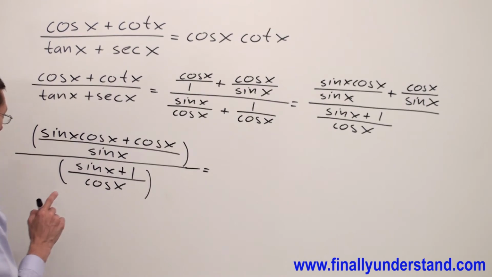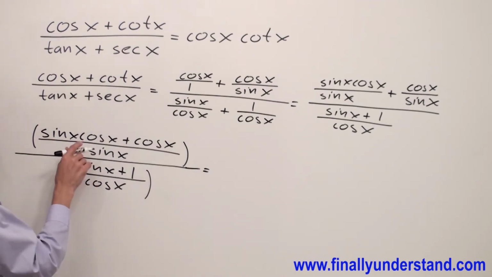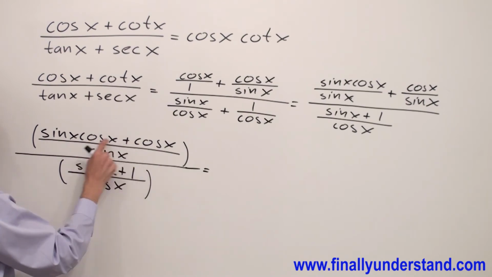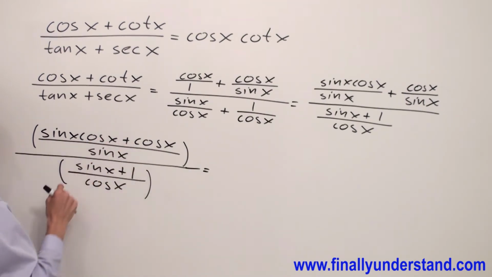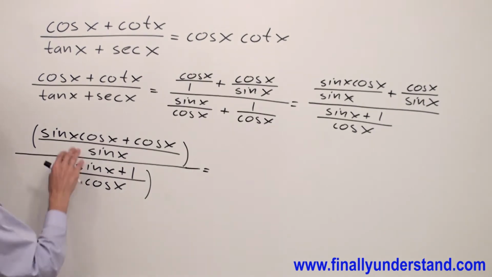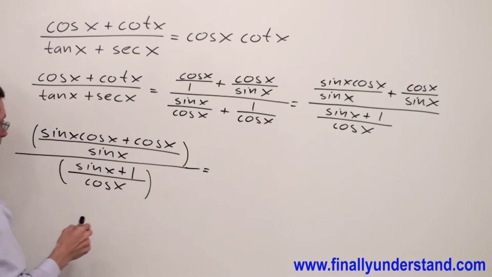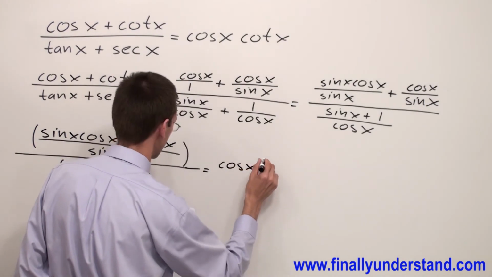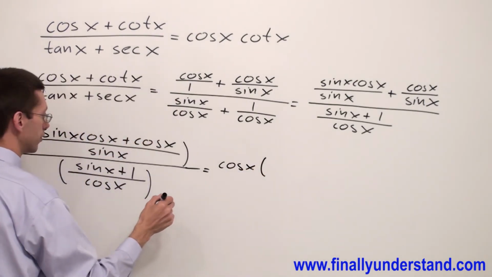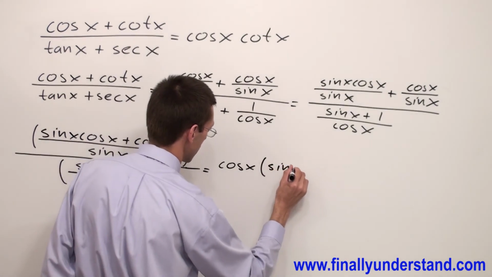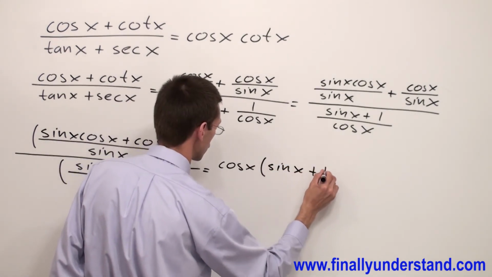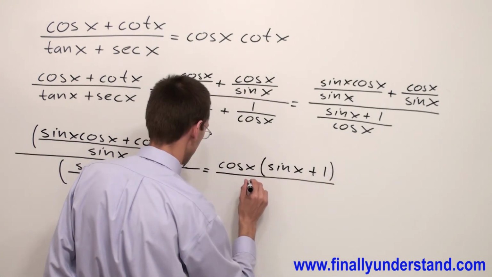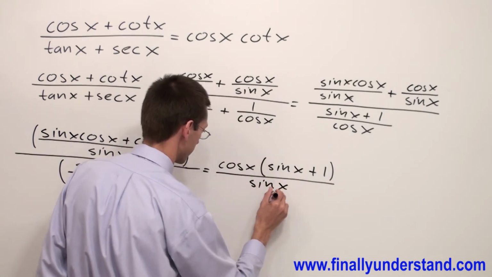But before I copy the numerator, please notice that I have cosine in both terms. I'm going to factorize this cosine from this numerator. So I have cosine x, and inside of the parentheses I'm going to have sine x plus 1, over sine x.